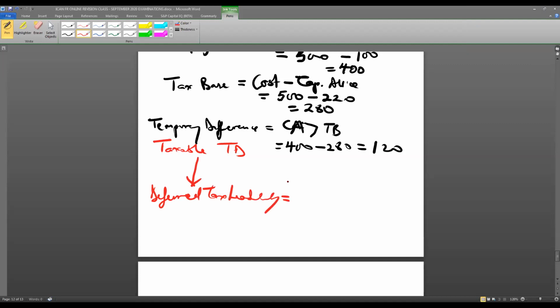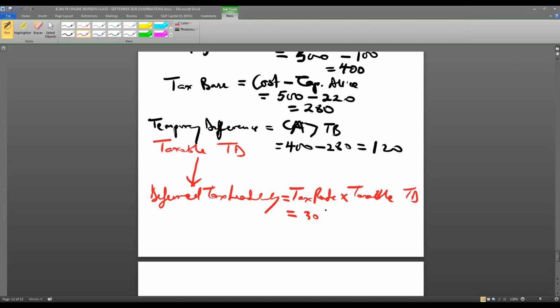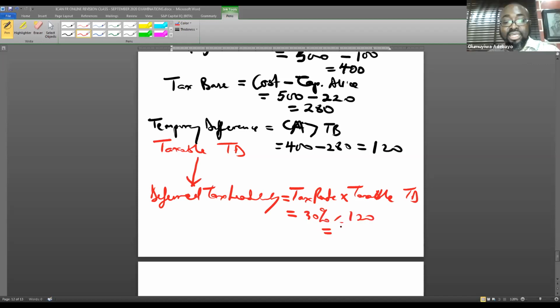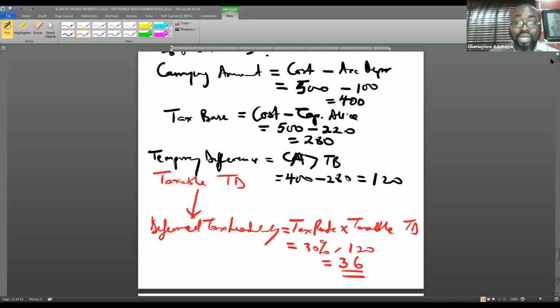Because deferred tax liability is tax rate times taxable temporary difference, which is 30% times 120. What does that give me? 36. Now, this is based on the simple understanding of deferred tax. Now, let's use it to answer this question.